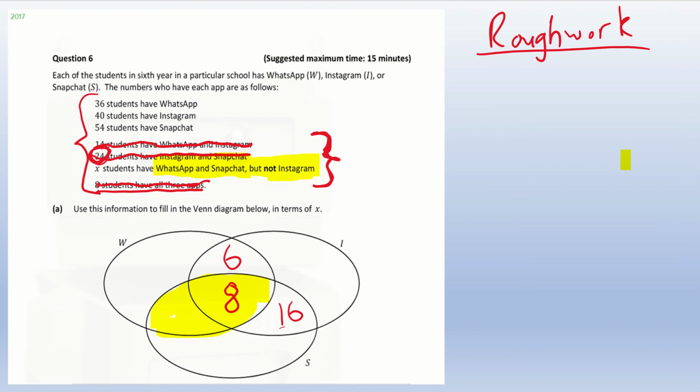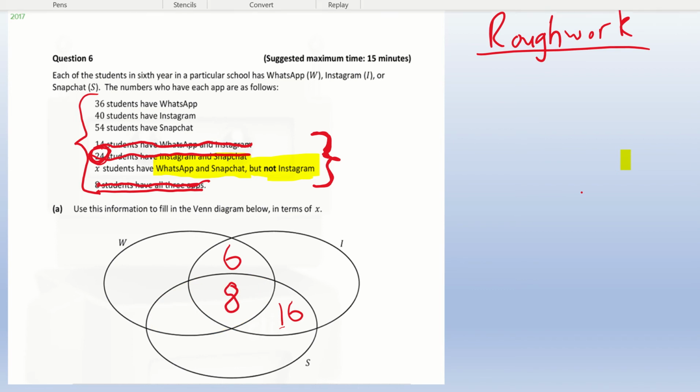but not Instagram. If we have WhatsApp and Snapchat, but not Instagram, then that means we cannot have any part of the Instagram set highlighted. So if you can see the intersection of all the 3 sets here, we do not want that bit in our set now.